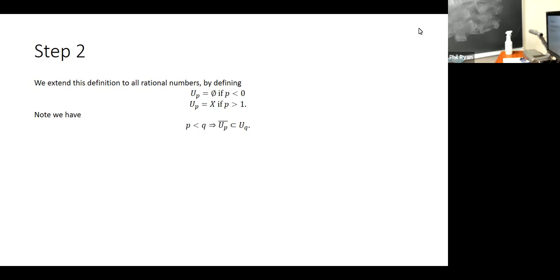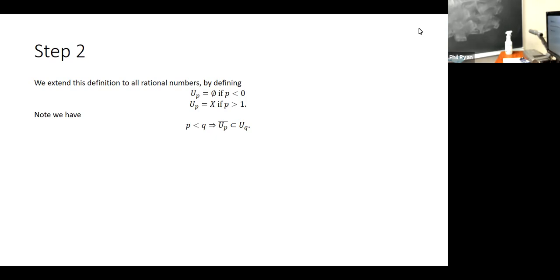All we've got to worry about, because we've set it up that way with the numbers between 0 and 1, is that if P is negative, this is empty, so that's always going to be contained in what's over here. And if Q is bigger than 1, then this is going to be the whole set, and of course that contains everything else. So it extends all the way.